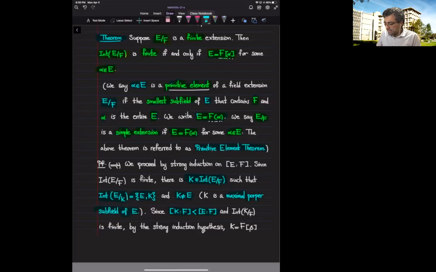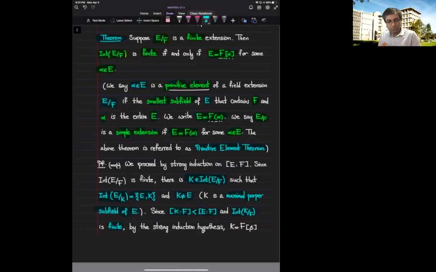Notice that the set of intermediate subfields of K over F is definitely a subset of the intermediate subfields of E over F. Knowing that the intermediate subfields of E over F form a finite set, we deduce that the set of intermediate subfields of K over F is also a finite set. And so I do have the hypothesis for the strong induction.